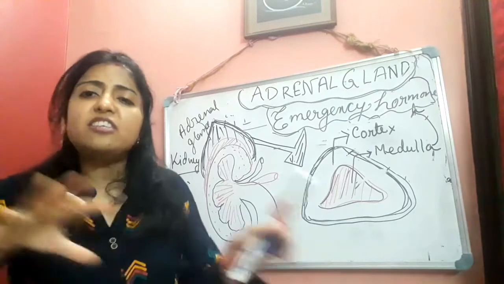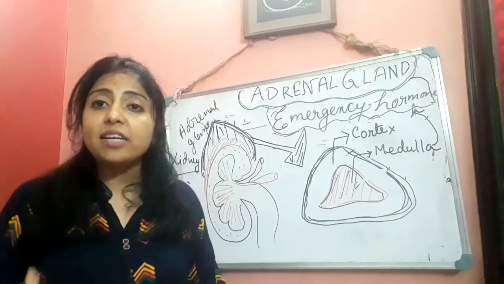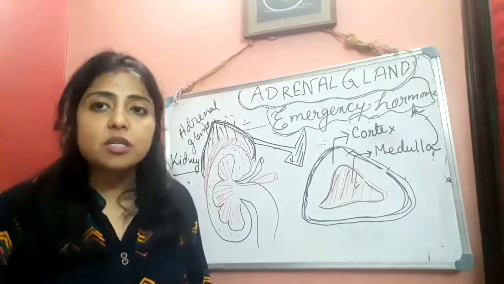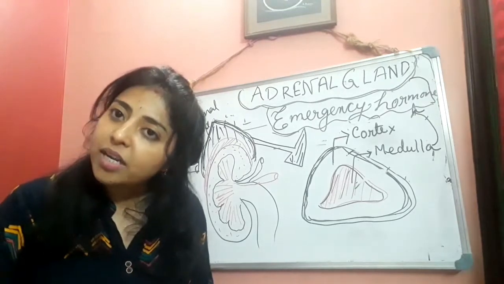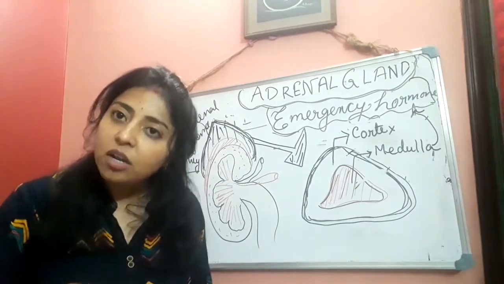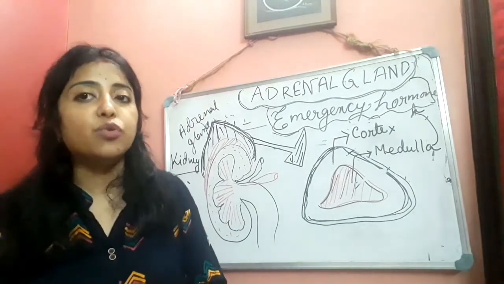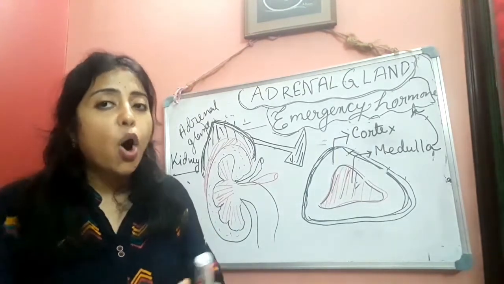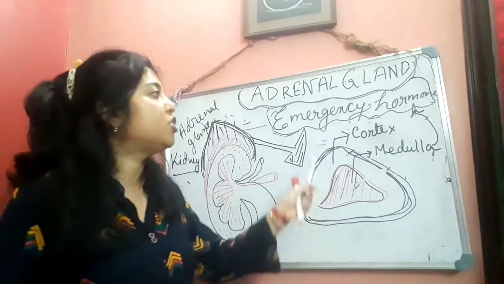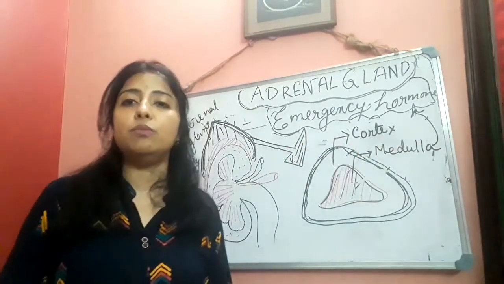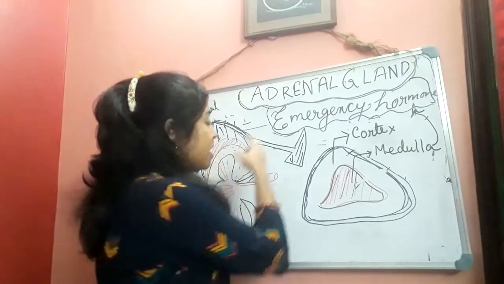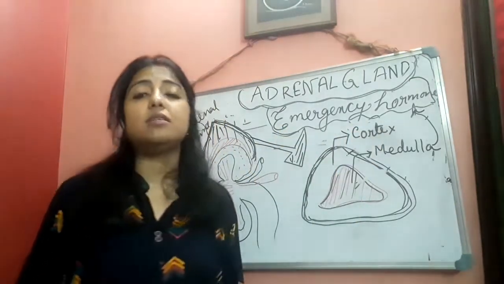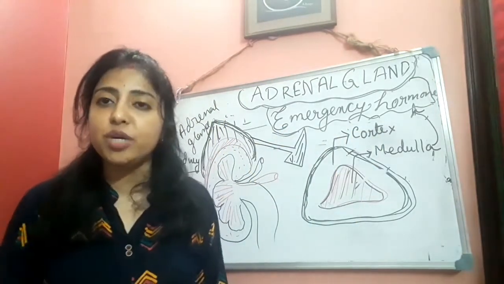By different processes, because at that time our blood pressure will be lowered, blood sugar may fall. Other activities related to this stress may happen, but all types of stress will be controlled by this emergency hormone. That's why it is known as the emergency hormone. They can fight with this situation.